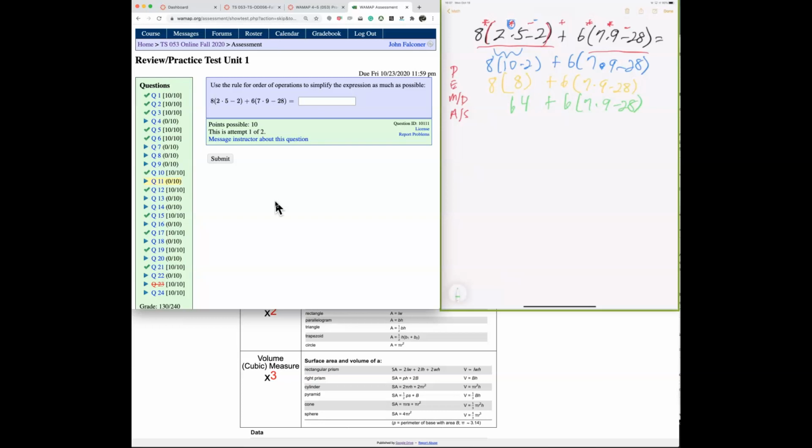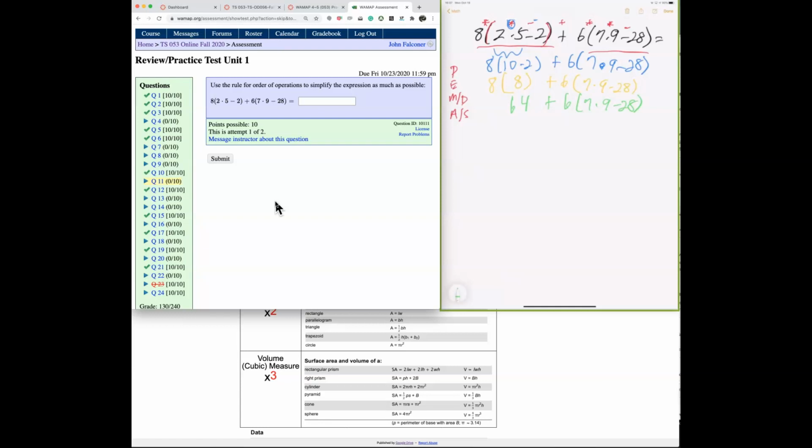So, there are no operations in these parentheses, so we're going to look over here, and it's the same kind of deal as we just had. We're going to do 7 times 9, get 63 minus 28, times 6 plus 8 times 8, okay?